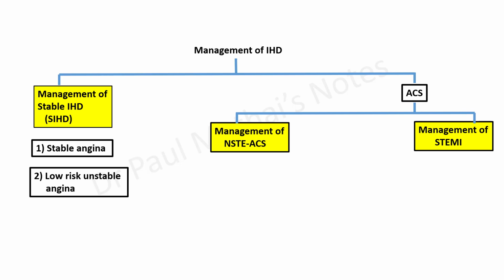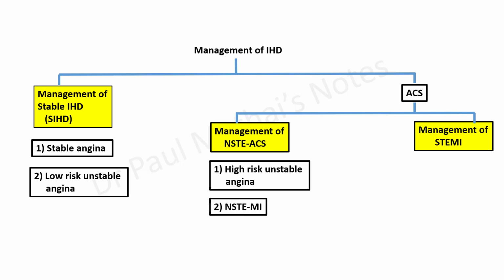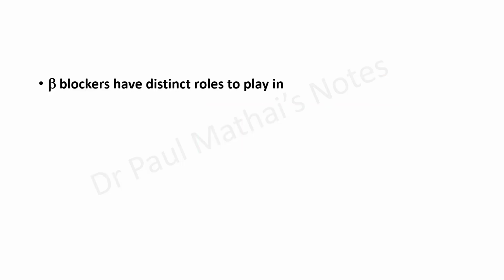Management of non-ST elevation ACS includes high risk unstable angina and NSTEMI. Management of STEMI obviously would include just the management of ST elevation MI. Now, beta blockers have distinct roles to play in stable ischemic heart disease and acute coronary syndrome.